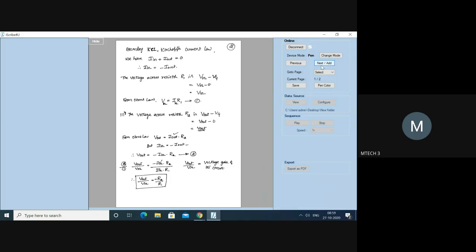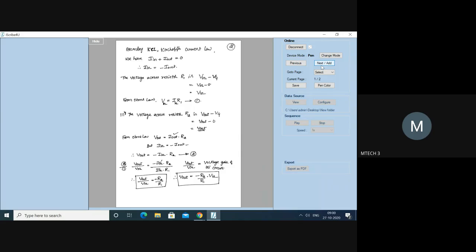What we are interested in is the amount of voltage at the output. Vout is the ratio of the feedback resistance to the input resistance times Vin. Specifically, Vout is equal to minus R2 by R1 into Vin.